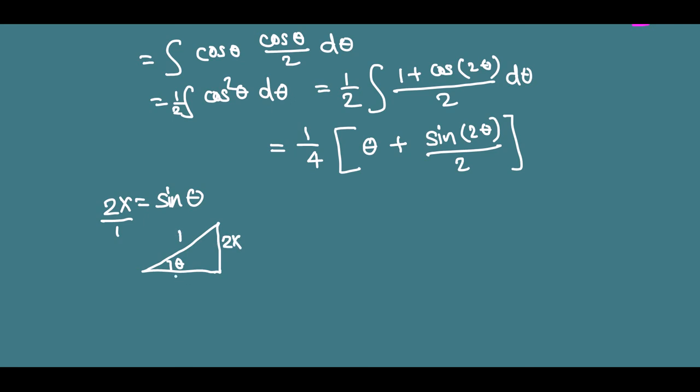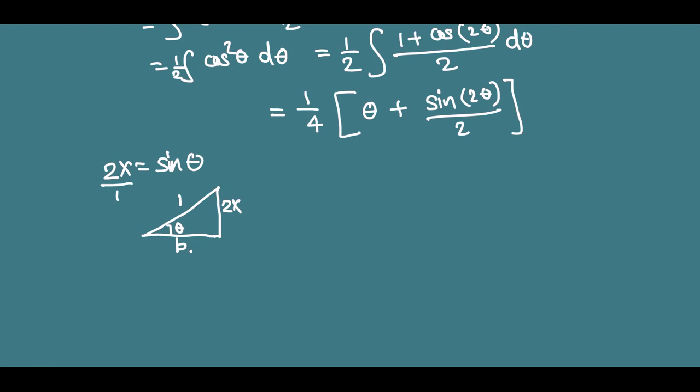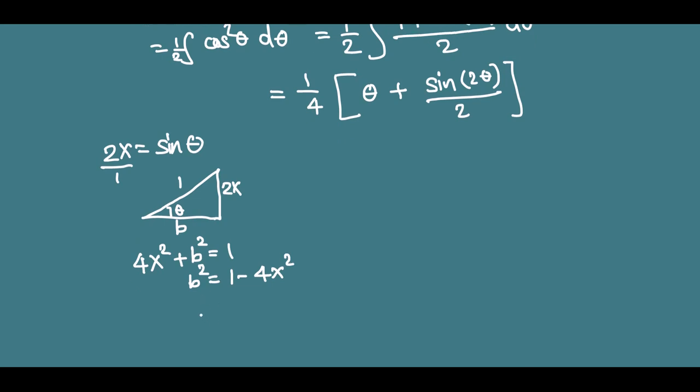We need to find the base b. a squared plus b squared equals c squared, and from that Pythagorean identity we are able to find b. So 2x squared, which is 4x squared, plus b squared equals 1. Subtract 4x squared from both sides, 1 minus 4x squared. So b is root of 1 minus 4x squared. In fact, this base is root of 1 minus 4x squared.